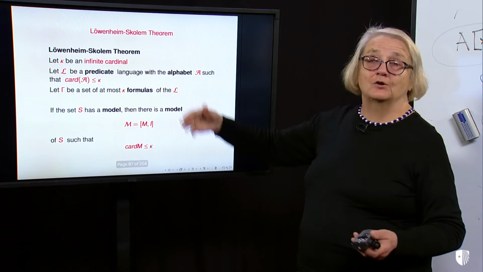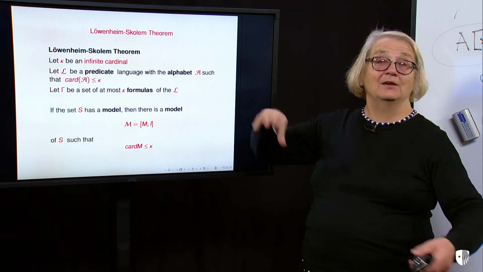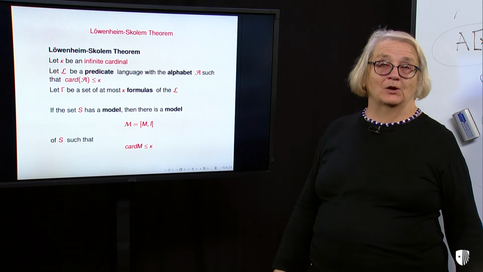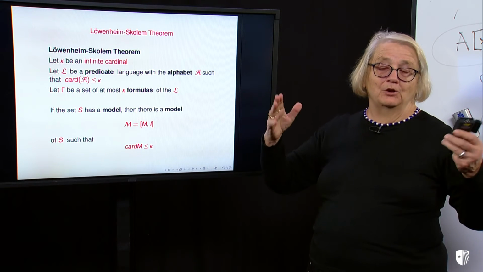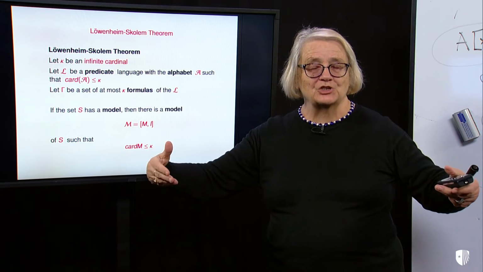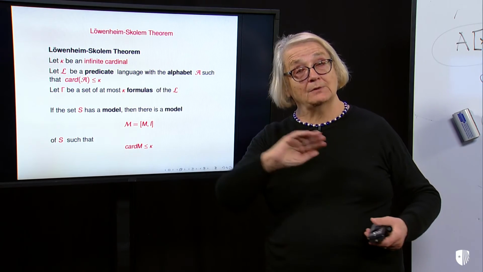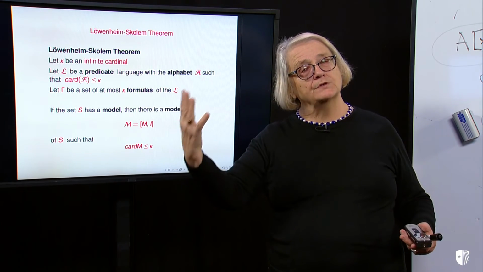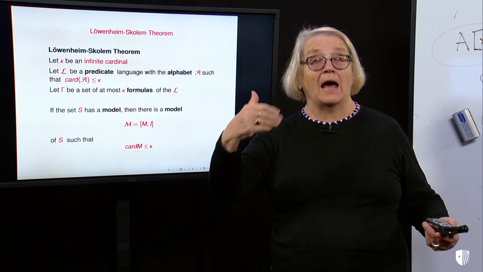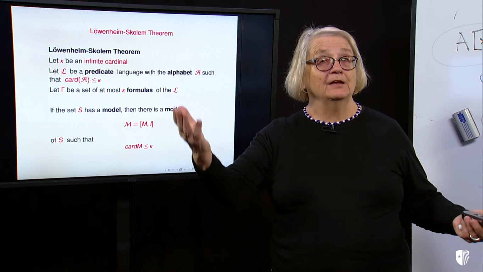So now, of course, mathematicians immediately jump on it and say, let K be any infinite cardinal. So we are going beyond what we did, because till now we considered only languages of cardinality Aleph 0, which means countably infinite. In our whole consideration, we dealt only with a countably infinite alphabet and countably infinitely many formulas.